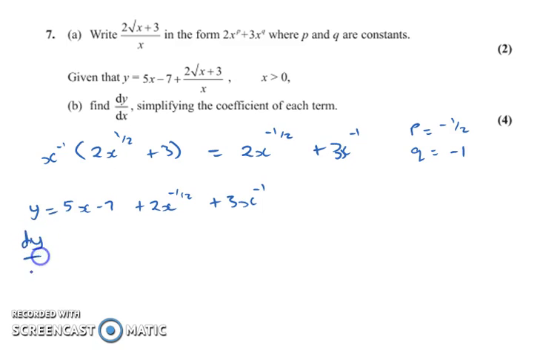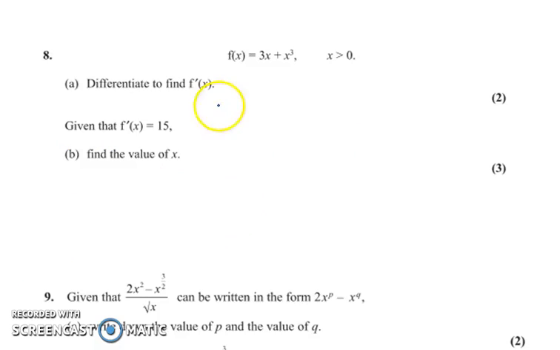So dy by dx, 5x becomes 5, the minus 7 disappears, minus a half times 2 is just minus 1, minus a half take away 1 is minus 3 over 2, minus 1 times 3 is minus 3, take away 1 from minus 1 and you get left with minus 2. And that's it.